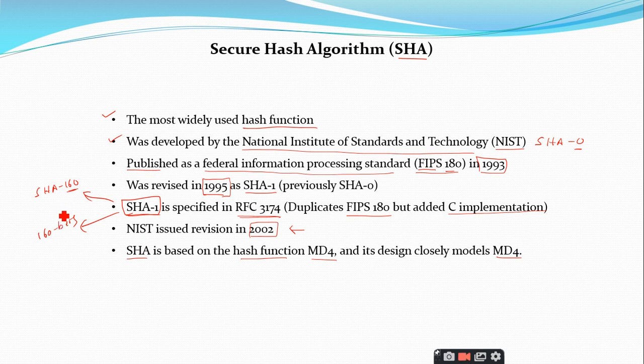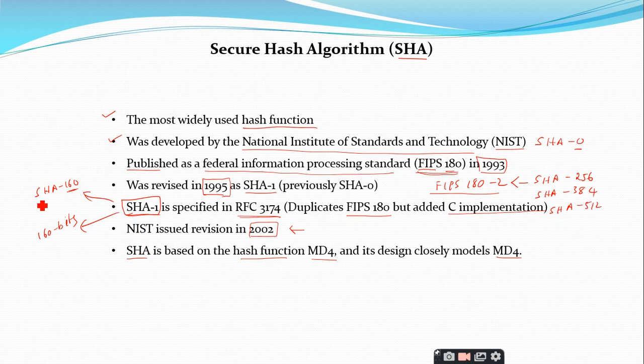After SHA-1, NIST produced a revised version of this standard, FIPS 180, which they named FIPS 180-2. This is the advanced version. In it, they developed three different versions of SHA: SHA 256, SHA 384, and the third version, SHA 512.